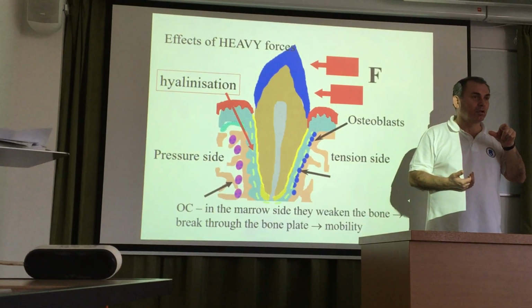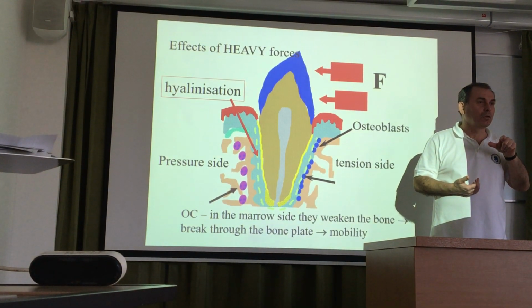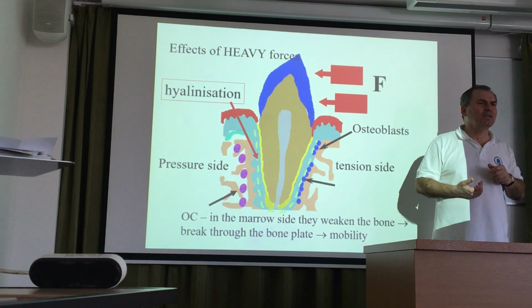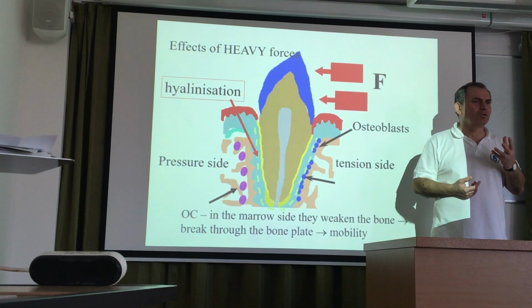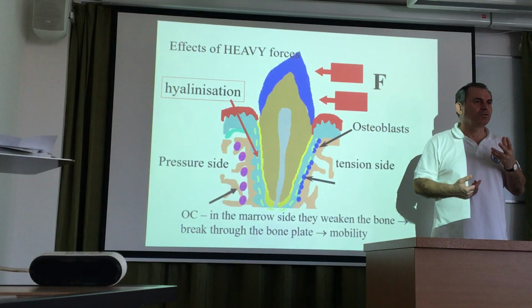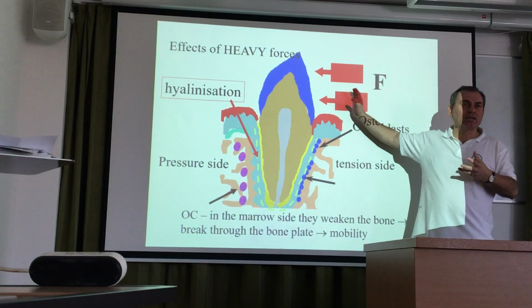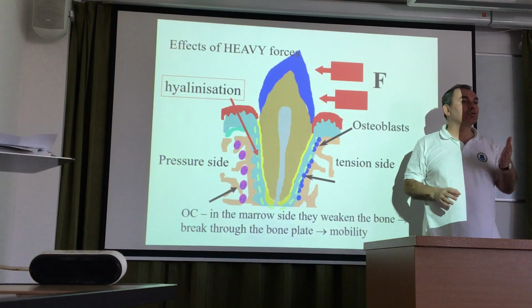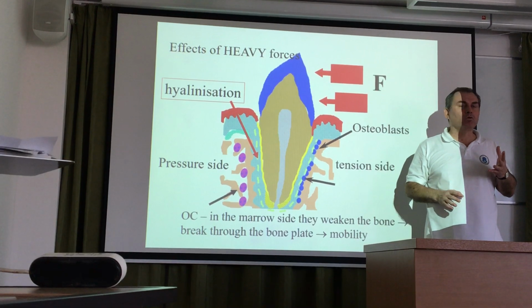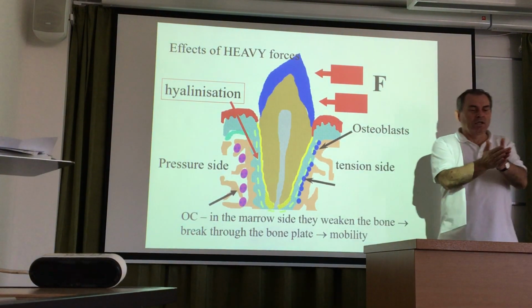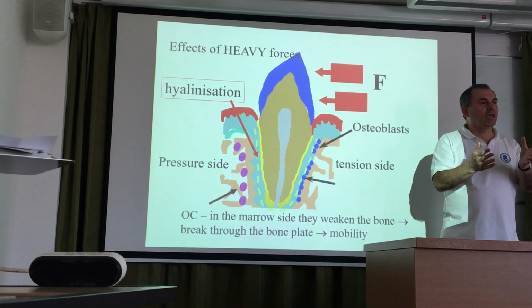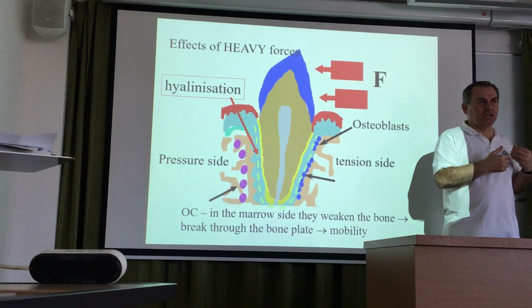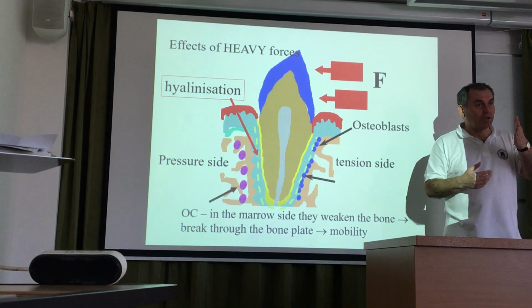Can I say that the pressure side is always opposite to the functional cusp? No. It is not an anatomical thing, but it depends on the force application, and you place the force as an orthodontist. Sometimes the tooth is located in a wrong position, too distally, so you have to move it mesially.